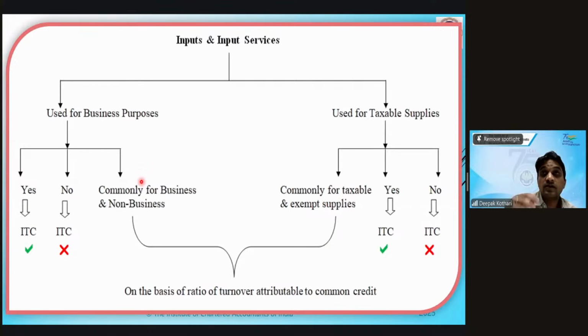The landlord will charge you GST because it's a commercial premises, but you're using it partially for office, partially for residential. So that portion which you're using for residential, you should not claim it. The basis will be the ratio of turnover attributable to common credits; whatever is for non-business purposes, you will exclude, and for business purposes, only that you will claim it.